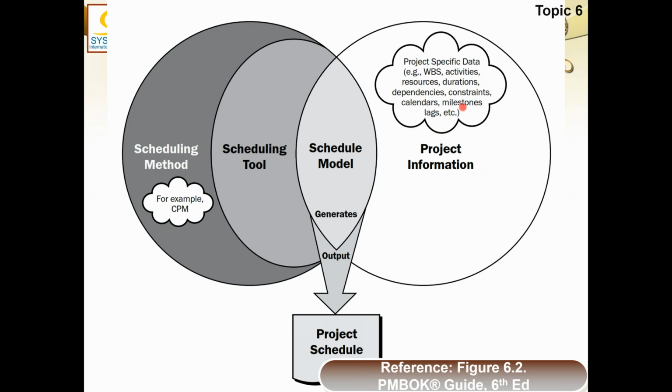All of this data, which is raw and haphazard, has to be organized and specifically designed to be put in a specific order, and when that order is put through the scheduling tool into the schedule model for the first time, the project schedule takes birth.